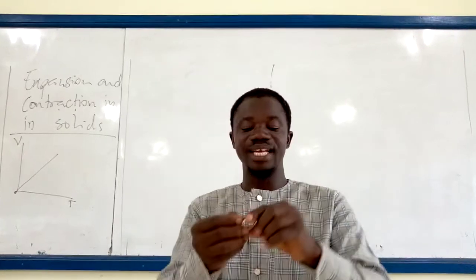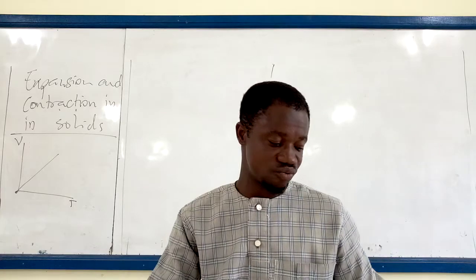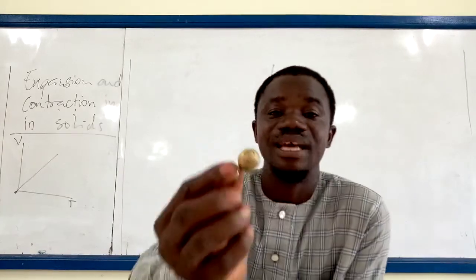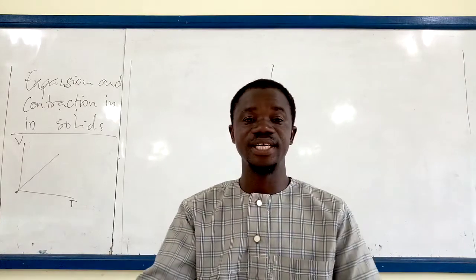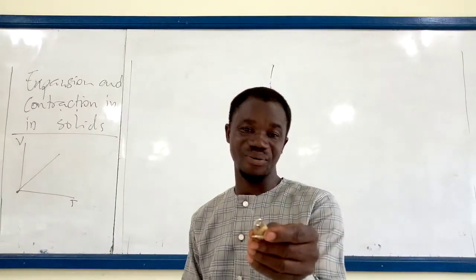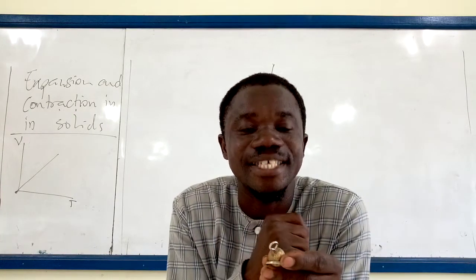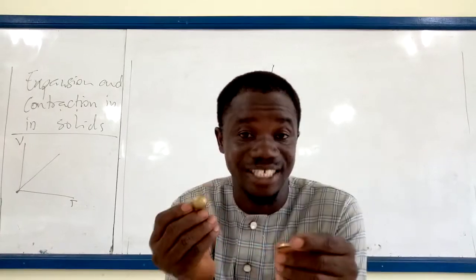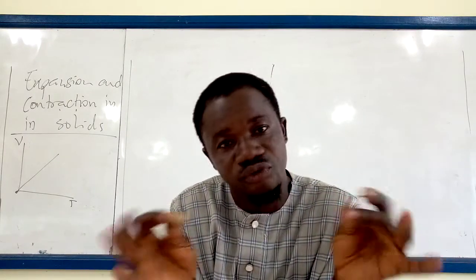Then we let the metal ball pass through the ring to see that it can pass through at the same temperature. We put the ring down, then we heat the metal ball up to some temperature. Then we bring the two of them together again. This time, the metal ball is unable to slip through the ring. What that means is that after heating, the metal ball has expanded. So solids expand when they are heated and contract when they are cooled.